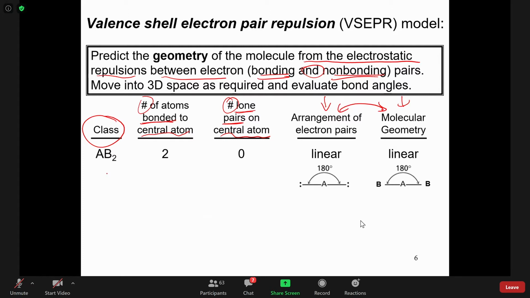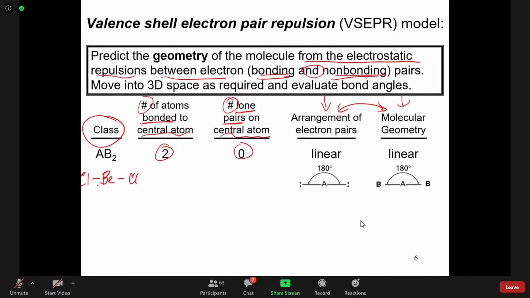But a classic example of this would be BeCl2. Beryllium is our A. The chlorines are our B2. There are, therefore, 2 atoms bonded to the central atom. We already saw beryllium dichloride doesn't have any lone pairs, right? So 0 lone pairs.